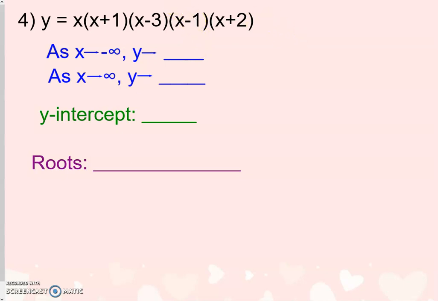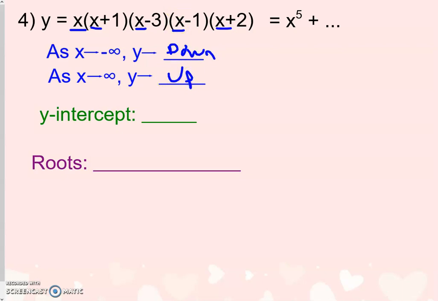Okay, welcome back. Hopefully, to find the end behavior, you took a look at x times x squared, x cubed, x to the 4th, x to the 5th. So this is x to the 5th, and hopefully you did the math and you realize that this is down and this is up.